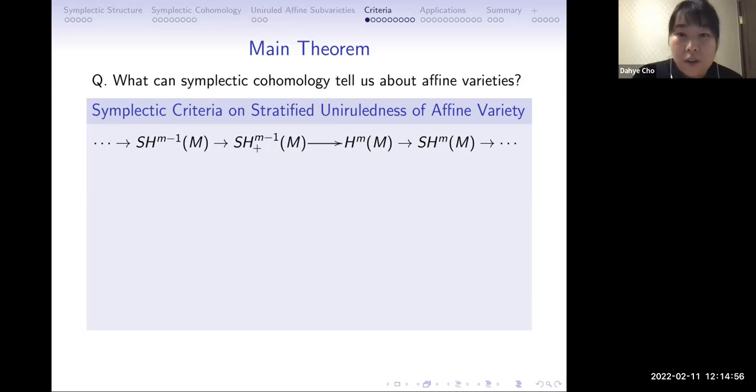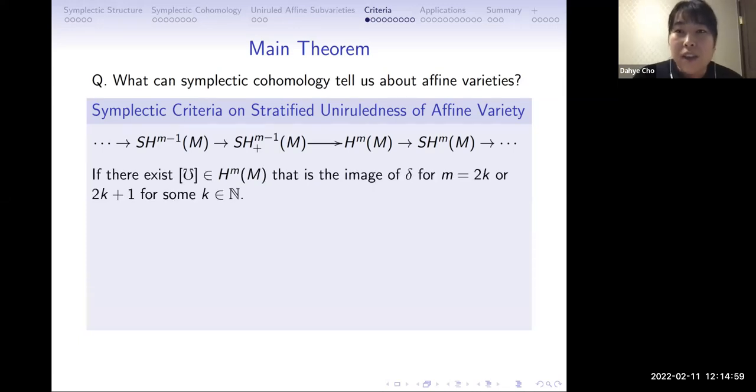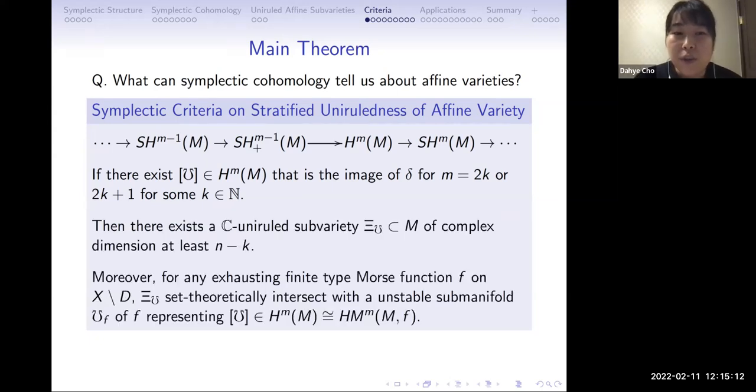The main theorem says that if a cohomology class omega is in the image of delta, in some degree k, then we can detect a C-uniruled subvariety of complex dimension at least n minus k, and for any exhausting finite type Morse function on the affine variety, the subvariety intersects the unstable submanifold of the Morse function.